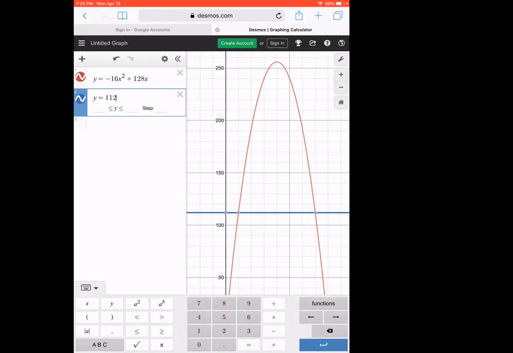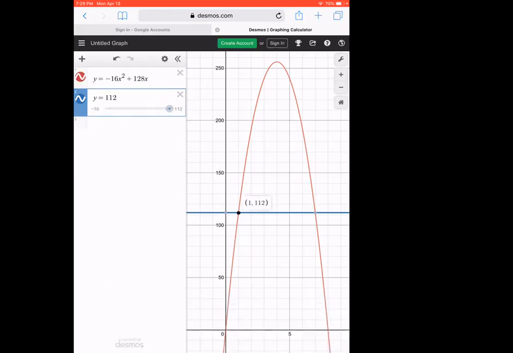It's going to graph that line for me. And then I can see a new dot appears where those two meet. So that shows me that at 1 second, my rocket is going to be 112 feet up. That's pretty cool.